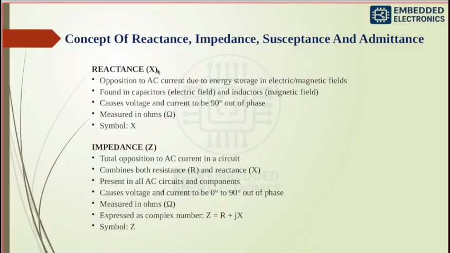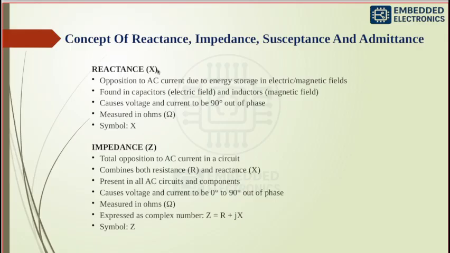It is like resistance, and it is found in capacitors and inductors. It causes voltage and current to be 90 degrees out of phase, either lagging or leading by 90 degrees. It is measured in ohms and represented using the symbol X.